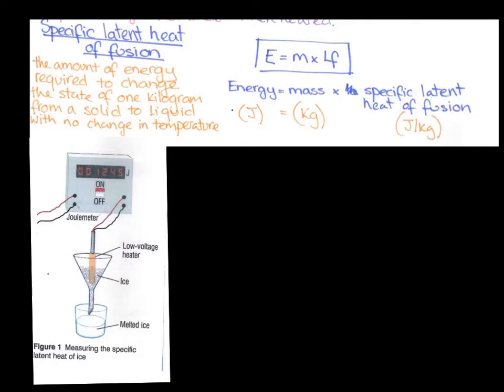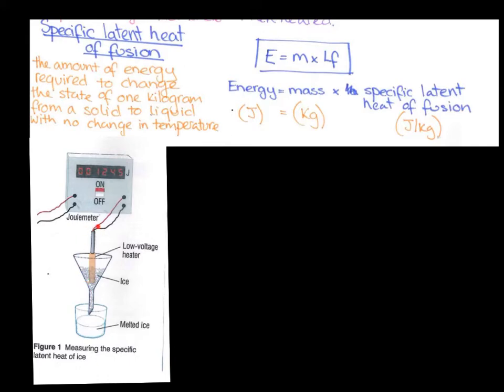Now, there are various different practical ways of finding this value. One of them is if you're using a joule meter, which is going to work out how much electrical energy is passed into this heater here. You could also use an ammeter and a voltmeter and use P equals IV. That would work as well.